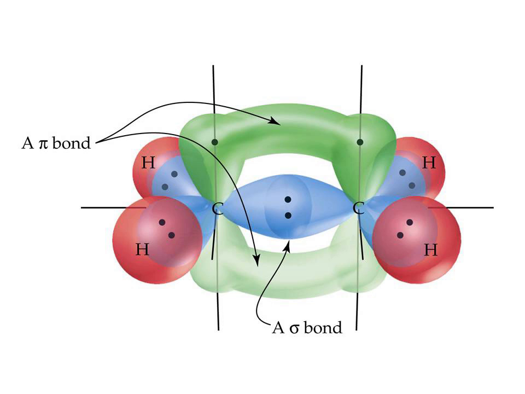When 2 carbon atoms, which are sp2 hybridized, form bonds, they form 2 types of covalent bonds. One is shown here in blue. The 2 sp2 hybrid orbitals, one from each carbon, form simple sigma bonds. They overlap.